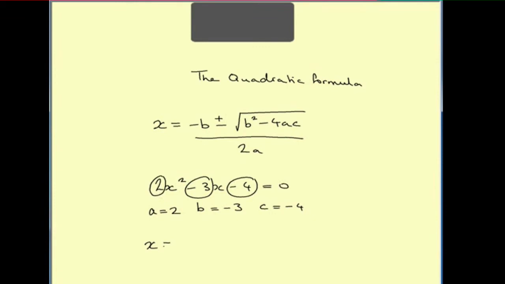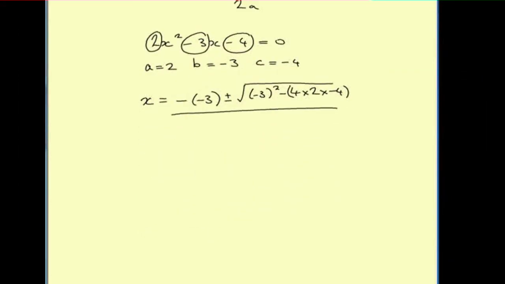So we get x equals minus brackets minus 3 plus or minus the square root of minus 3 all squared minus 4 multiplied by 2 multiplied by minus 4, all over 2 brackets 2 times 2 there.